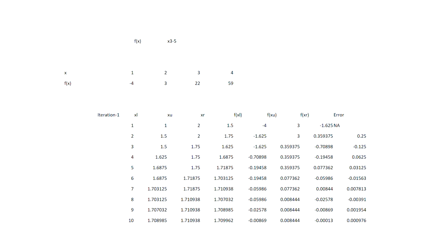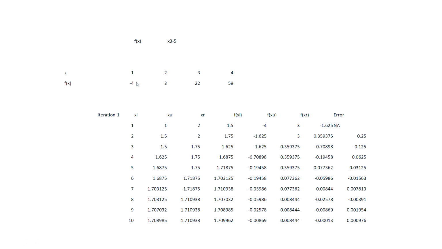So basically the function has to cross the zero line, f of x is equal to 0, within that interval. To find the bracket, we need to take a range of x. We have assumed that x is equal to 1, 2, 3 and 4, and then we calculated the value of the function f of x, that is minus 4, 3, 22 and 59.